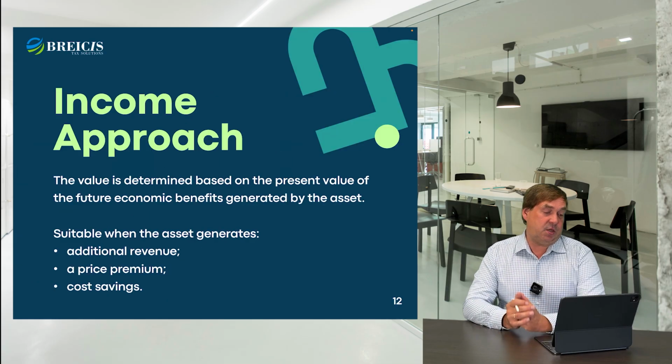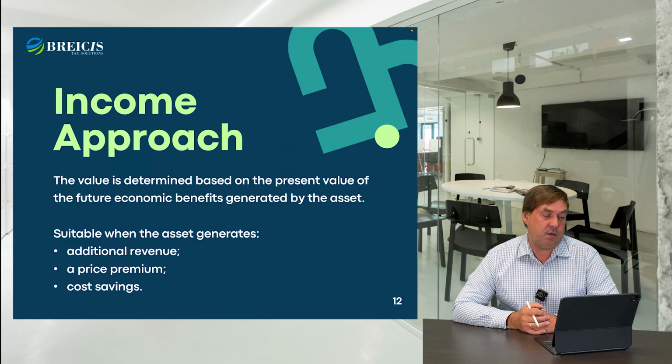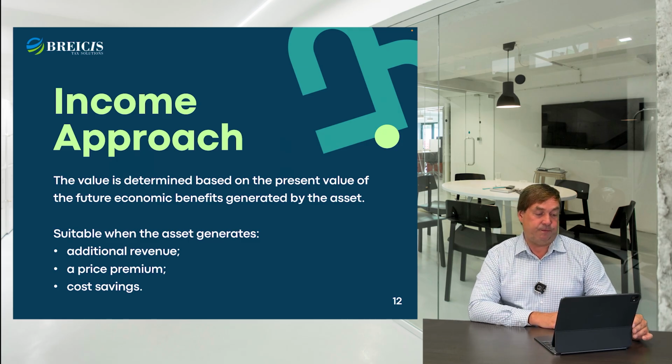But the most usually used is the income approach, which is based on the present value of the future economic benefit generated by the asset. So basically, it's based on the future economic cash flow stream, which is discounted in order to calculate the net present value of this project.